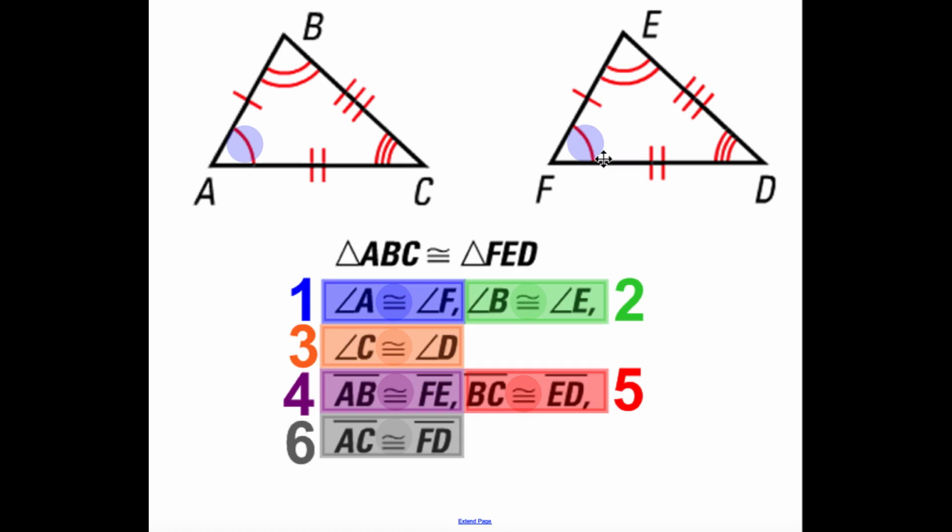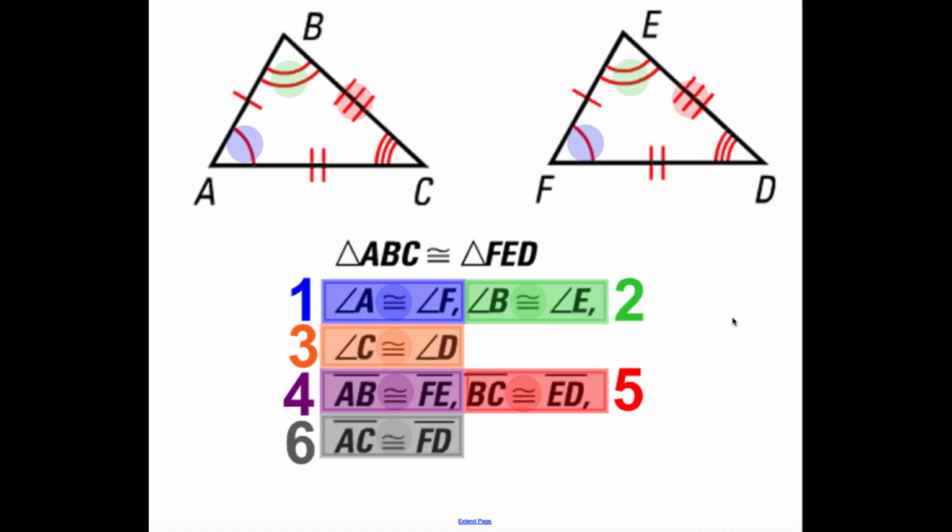Okay, those angles have to match up. Same thing with the second letters, B and E. Okay, the corresponding parts have to add up. I could go down to the 5th part, which is segment BC and ED. Those 2 sides have to be congruent. So you can see that 3 tick marks and 3 tick marks tells me that those have to match up.